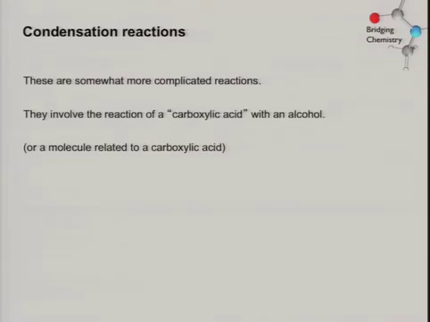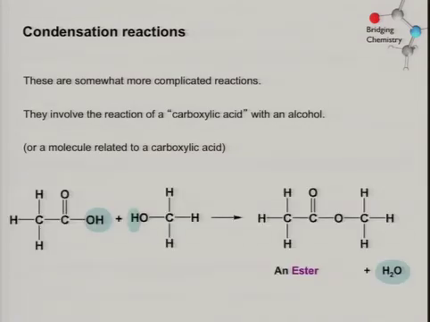And so the general reaction for this one will look like this, where here's our carboxylic acid, and here's our alcohol. The carboxylic acid, as part of its functional group, has an OH group in it.